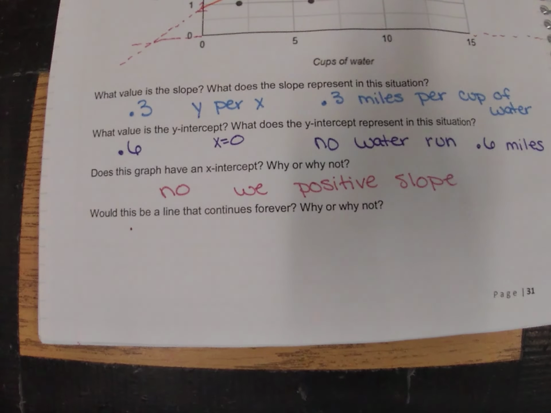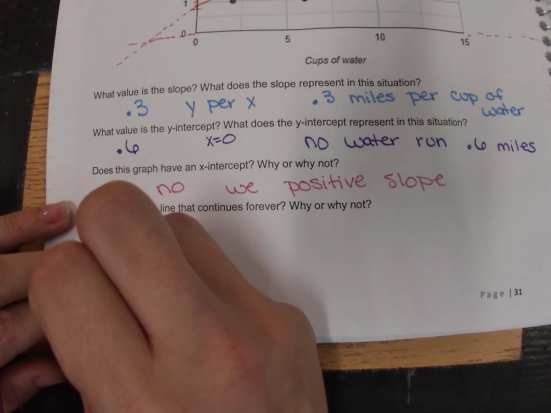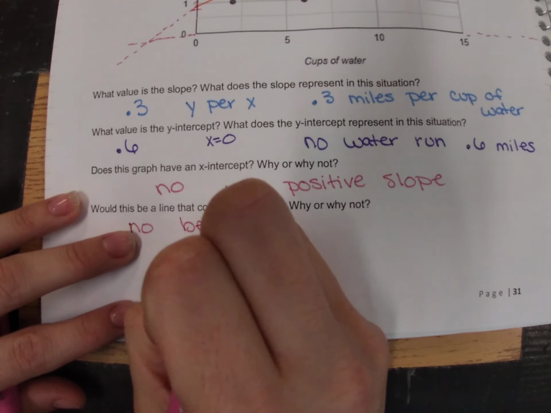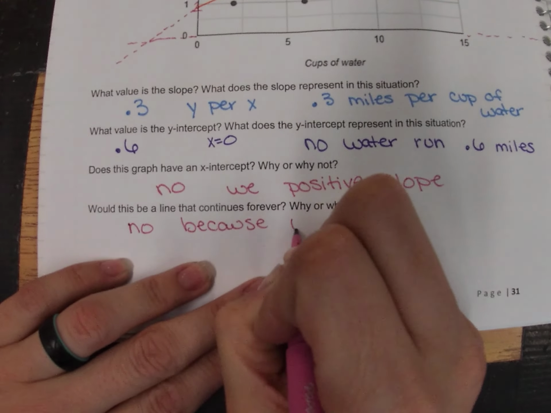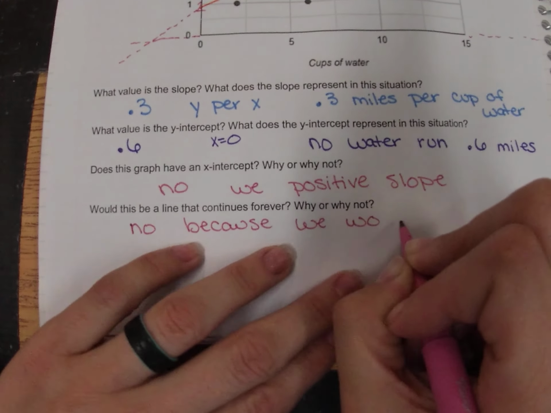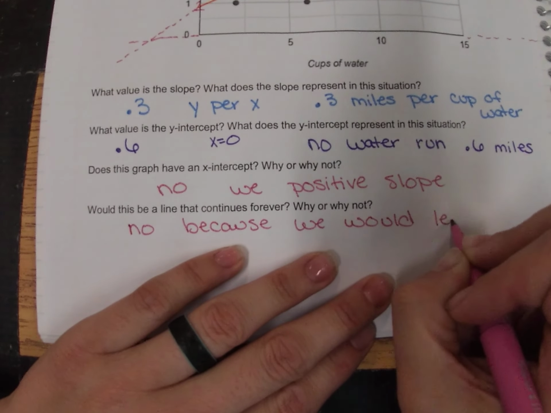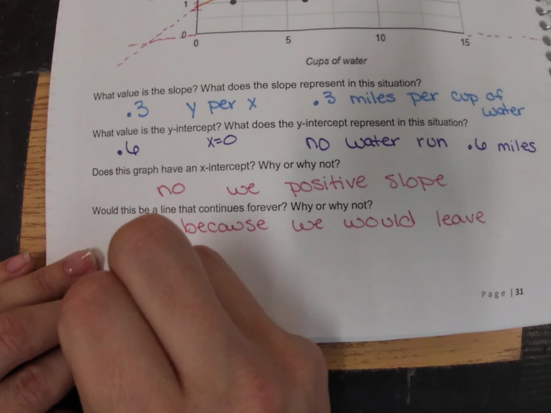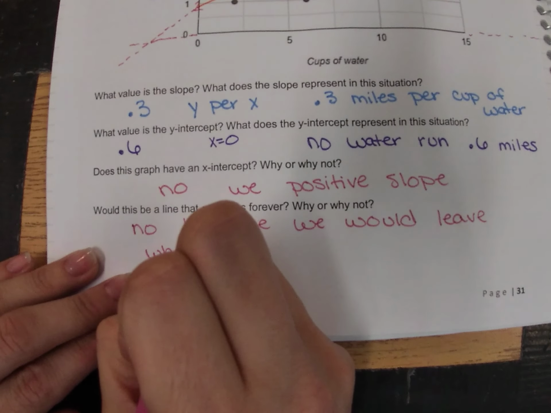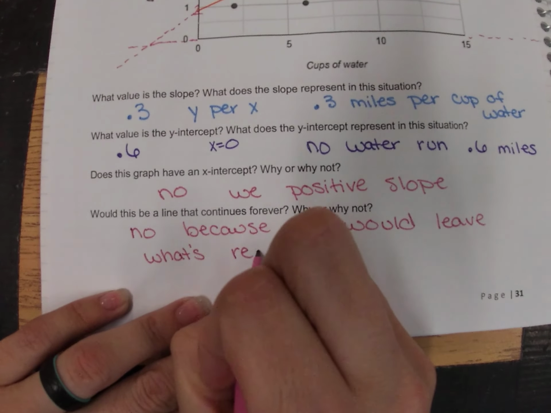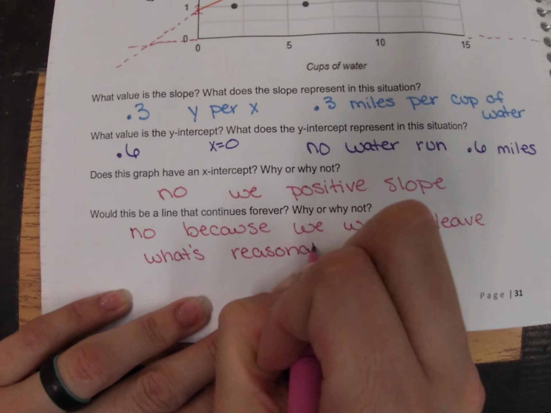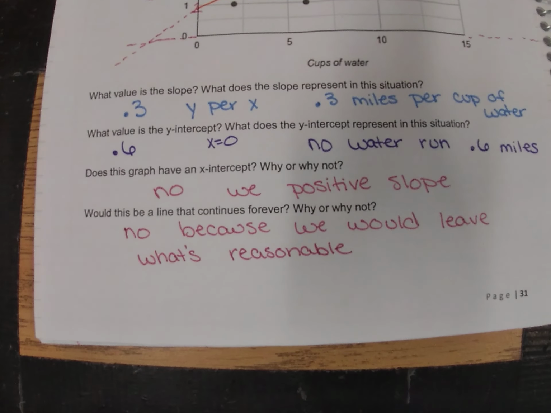This line does not continue forever because we would leave our reasonable domain. We leave what's reasonable. And when we're talking about real life data, we need to make sure that we're in a world that's actually reasonable and something that makes sense.